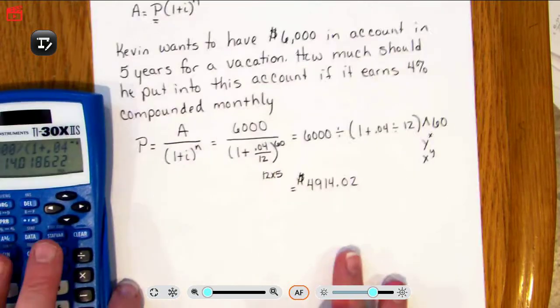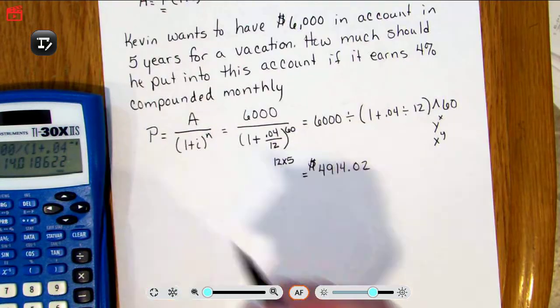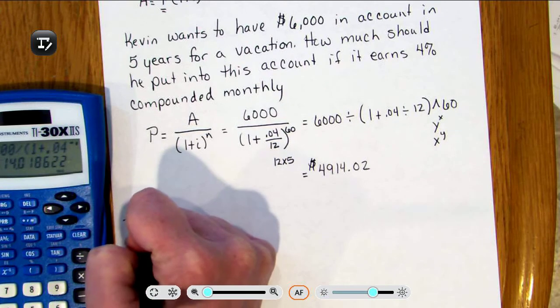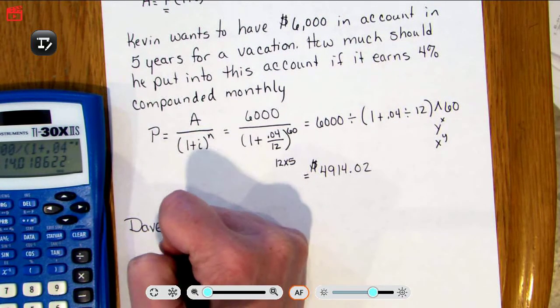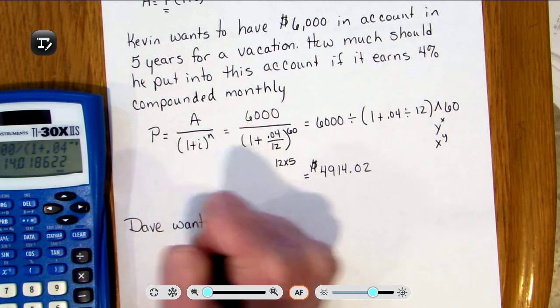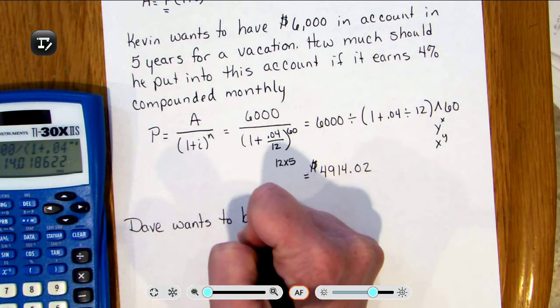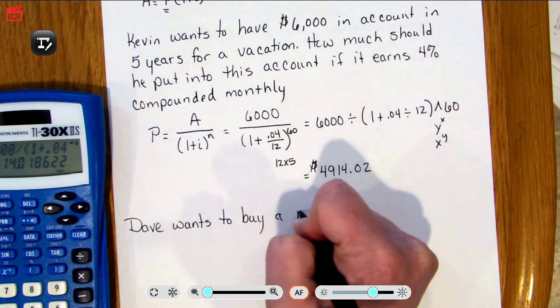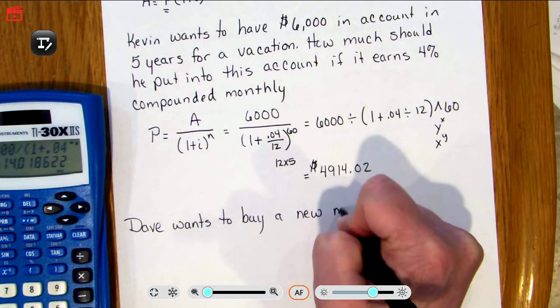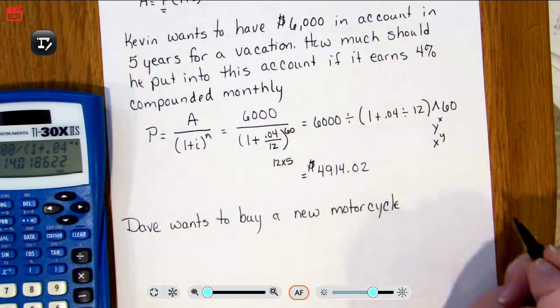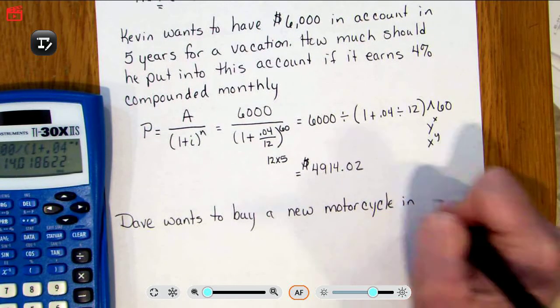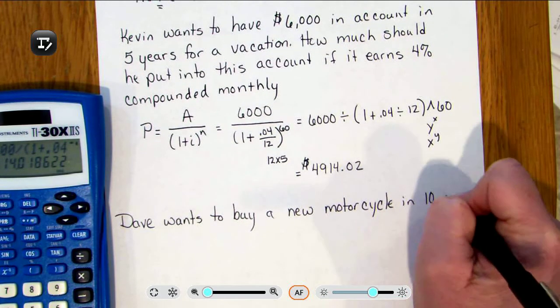Okay, let's do it one more time just to make sure we have it down. And let's go with Dave this time. Dave wants to buy a new motorcycle. He already has one, but he wants a new one in, let's say, 10 years.